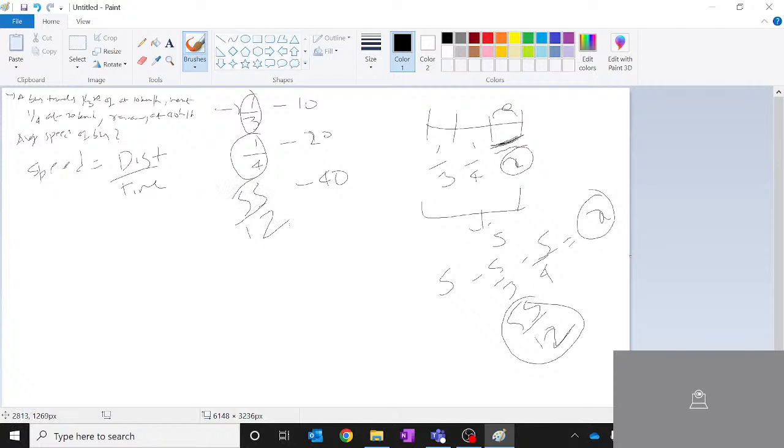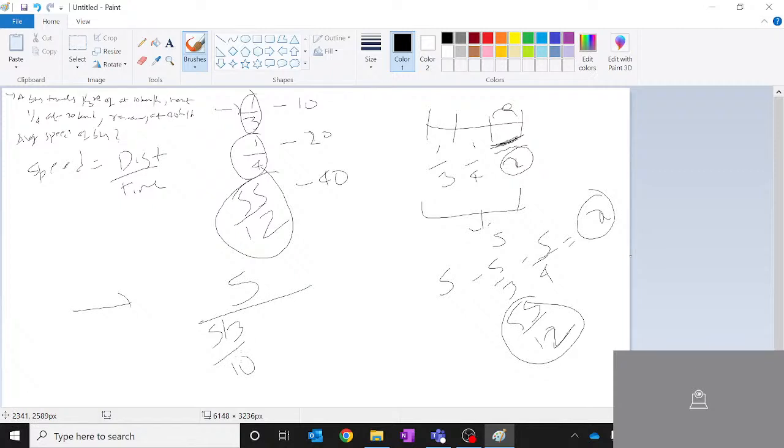Now, because you know this, how would you proceed ahead? Simple. Total distance by total time. What is the total distance? It is nothing but s. What is the total time? Distance by speed.